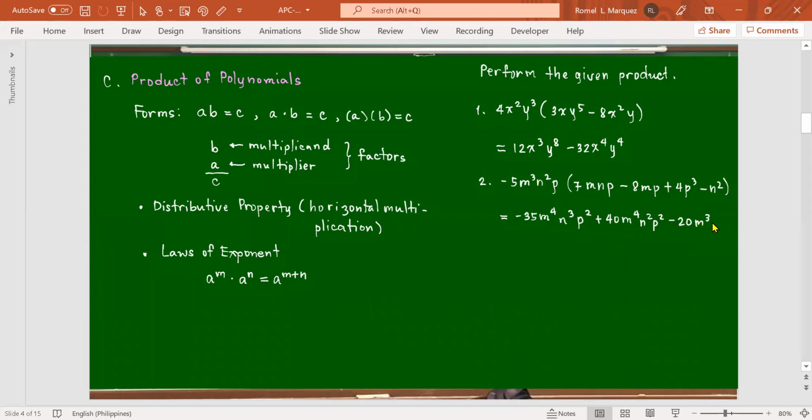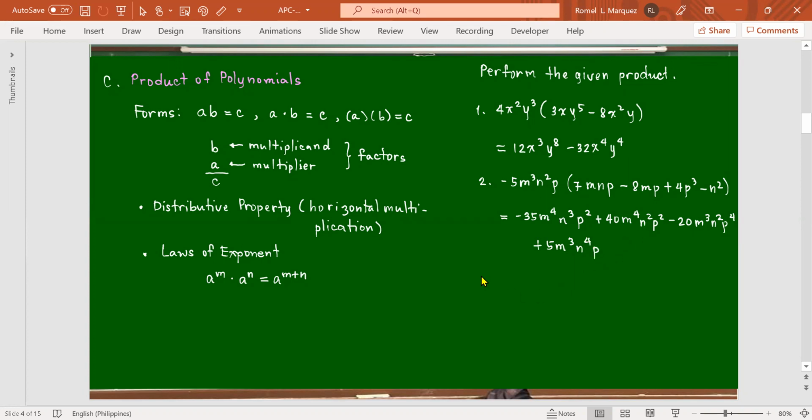M cubed, n squared, p to the 4th. Is it to the 4th, guys? Right now? Yes po. And then the last two, positive 5 m cubed n squared times n squared is n to the 4th p.